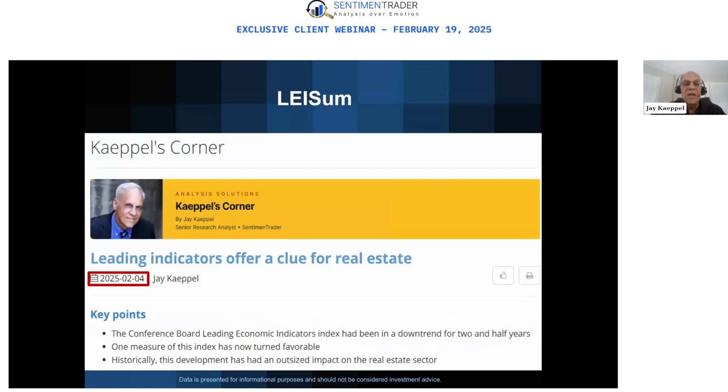Again, for more information, I wrote this one on the 4th of February, and I actually wrote it about real estate because this factor tends to affect the real estate sector by far much more than any other sector, both bullish and bearish.